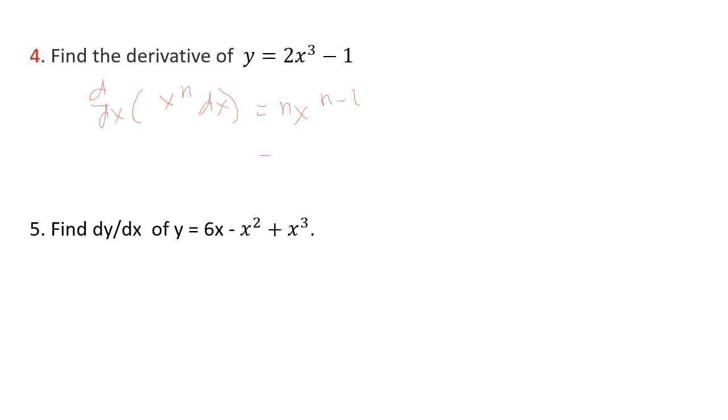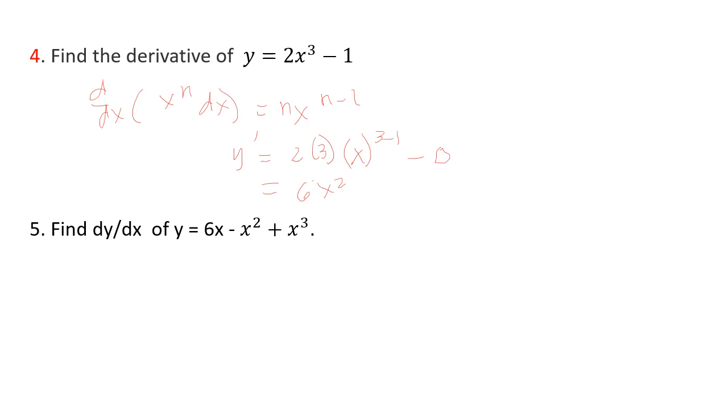So this is equivalent to y prime equals 2 times 3 times x to the 3 minus 1, and the derivative of 1, a constant, equals 0. Then simplify, you have 6x squared minus 0, or simply 6x squared.